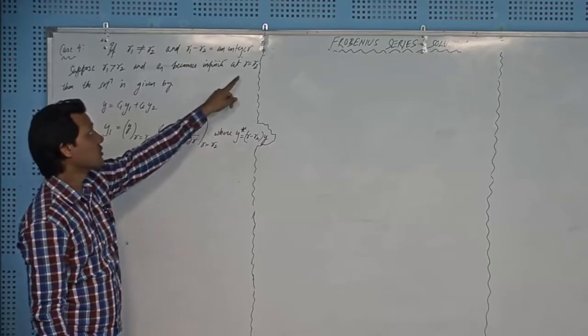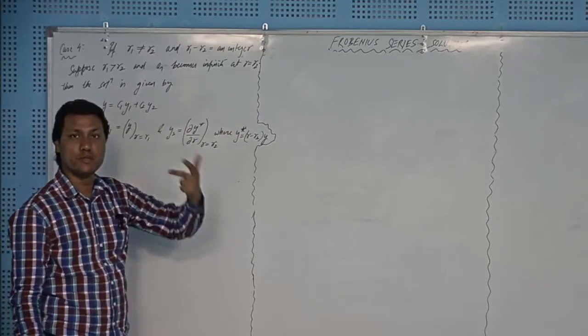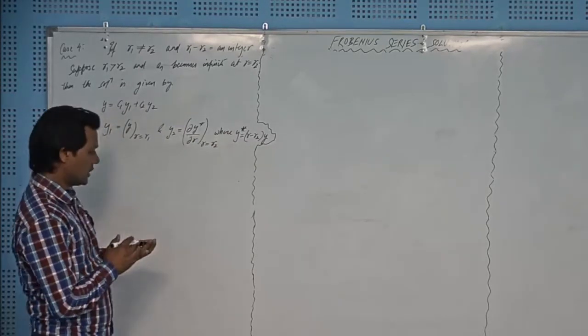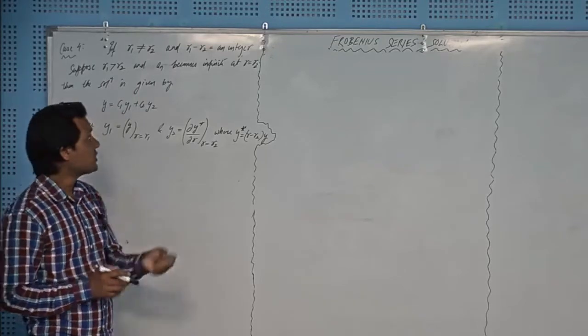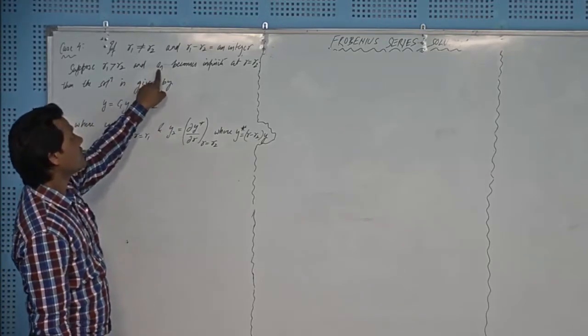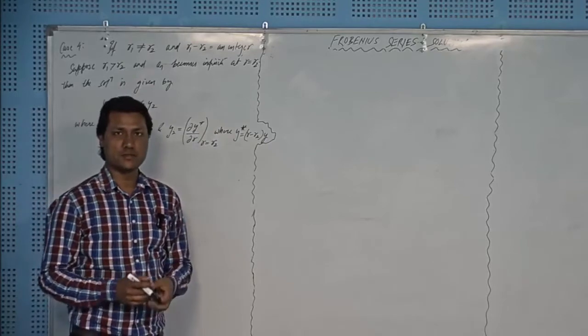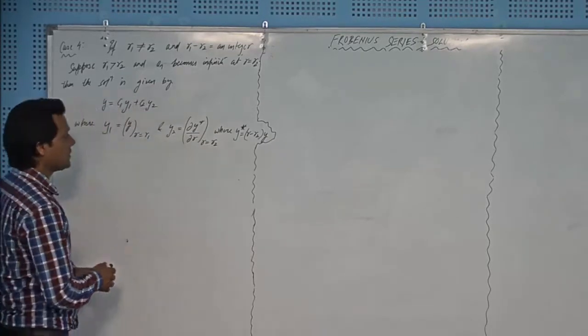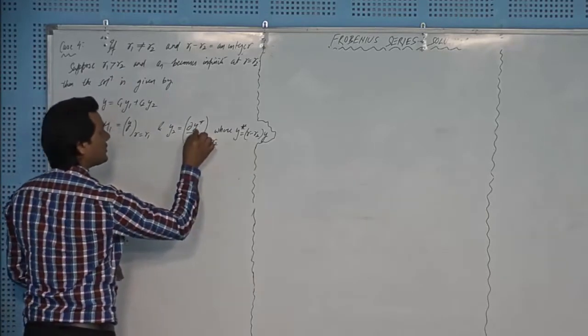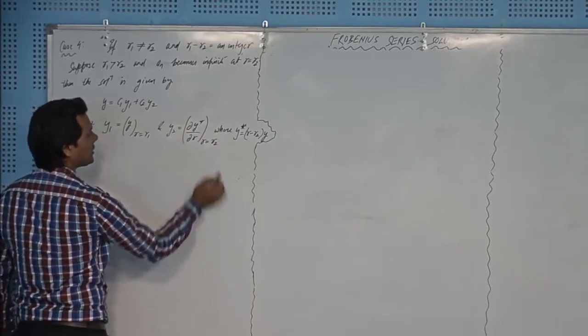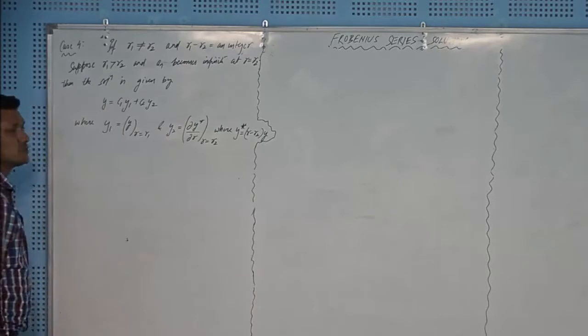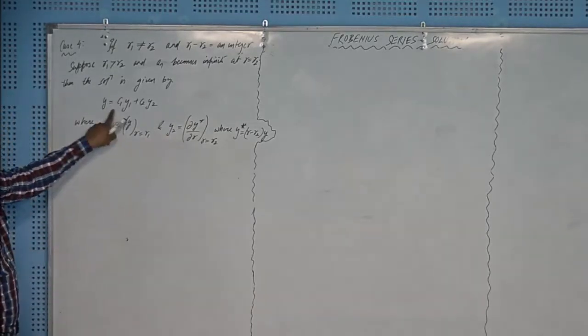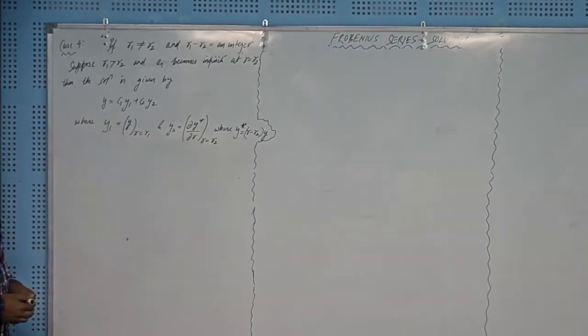Note that r2 is the smallest root, the point of misfortune, in the sense that the situation of the coefficient becoming infinity happens at the smallest root always. That's why we are calling it a point of misfortune. And then after finding y star, we will differentiate with respect to r and then plug r equal to r2. That will be our second solution, and then the linear combination will be the complete solution.